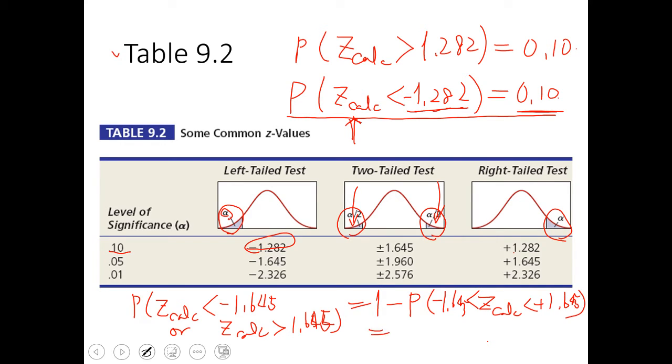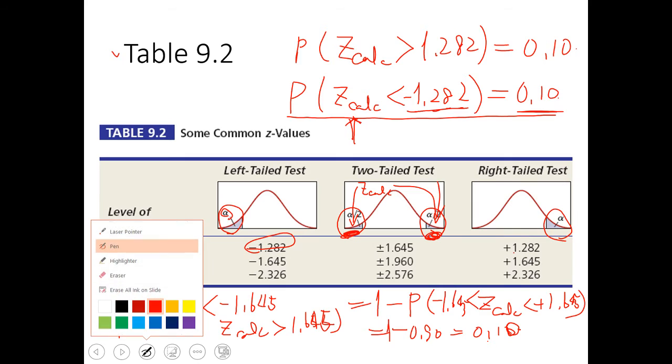I told you that this probability is 90%, so 1 minus 0.90 is 0.10. So the probability that our test statistic is located in the left tail area or the right tail area is 0.10, 10%.